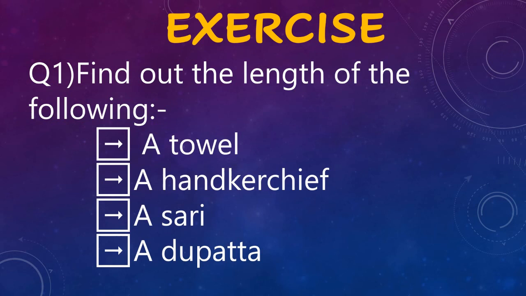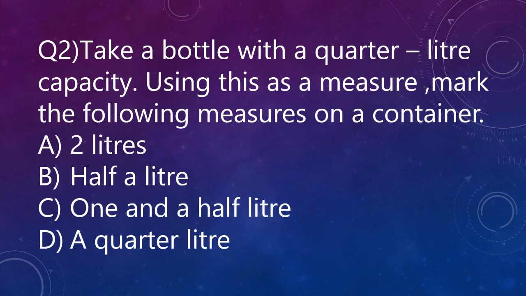Fourth one, a dupatta. A dupatta means odni. So, you have to take the length of dupatta also and note down the length of all these things in your notebook.